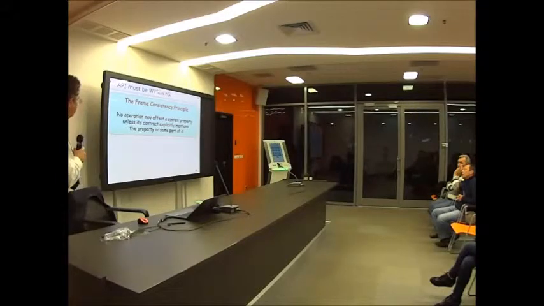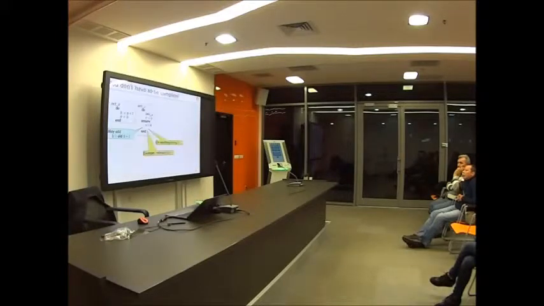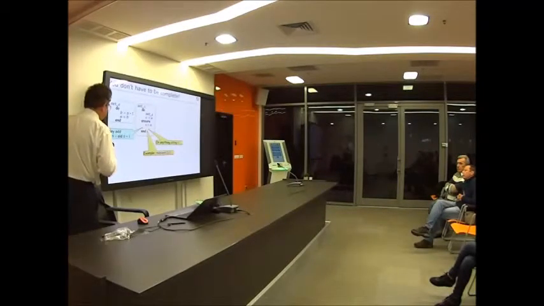So no operation may affect a system property unless its contract, meaning in this case its postcondition, explicitly mentions that property or some part of it. So for example, if we say here, ensure C equals A, then it means it can only modify C and A, because C and A are named, and anything that is not named, well, it should say B, B shouldn't change.